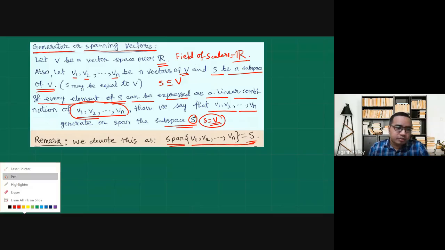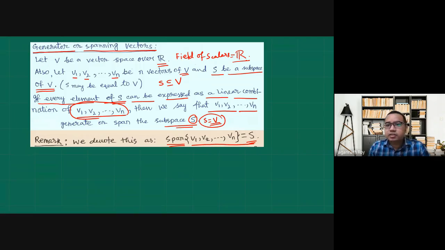Now, if we want to see some examples, suppose S is our (1, 0) and (0, 1), and V is our vector space, the two-dimensional space R2. Then we can show that R2 with plus and dot is a vector space over the field of scalars, the real numbers.